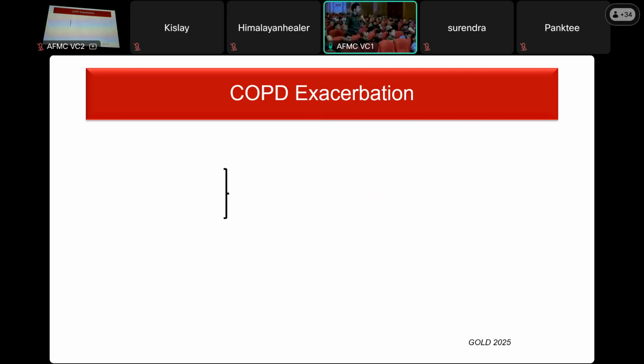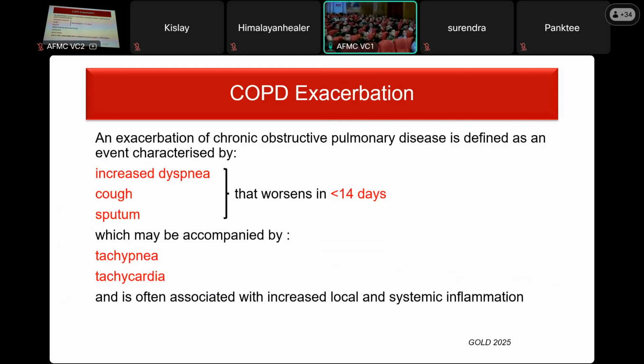The duration is usually within 14 days. An exacerbation is an event which leads to increased dyspnea, cough, and sputum production. These events happen within the last 14 days. And it may also lead to tachypnea and tachycardia and systemic inflammation.